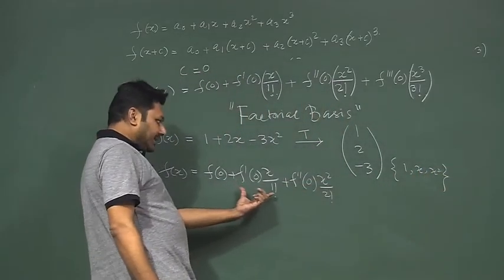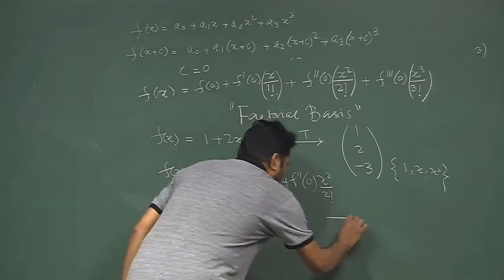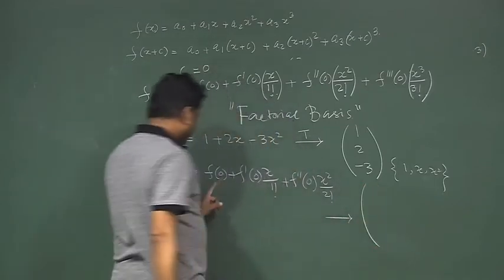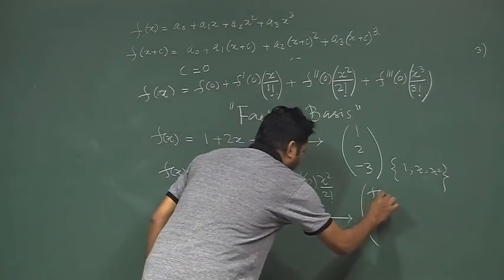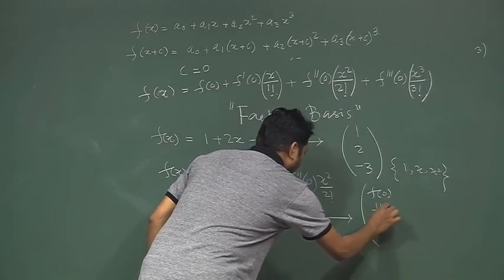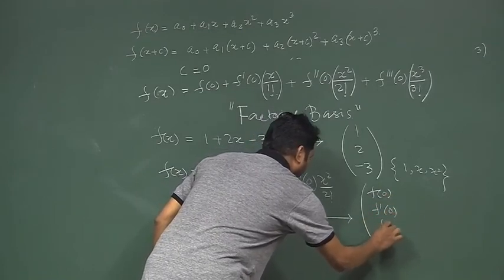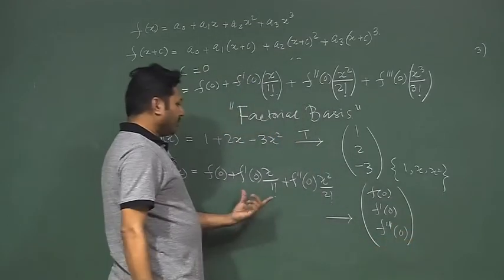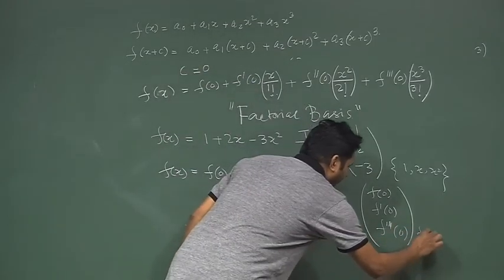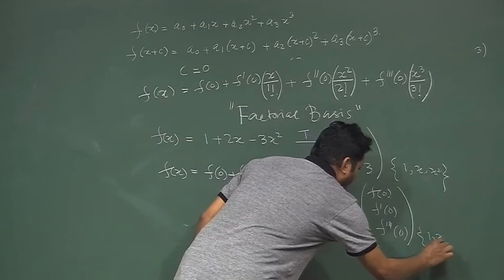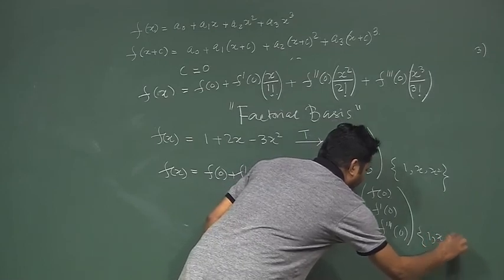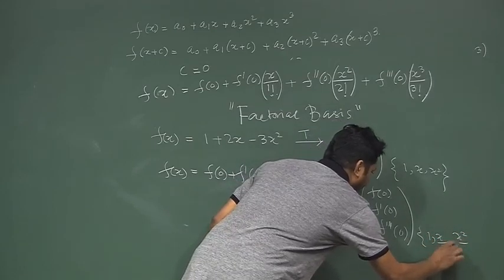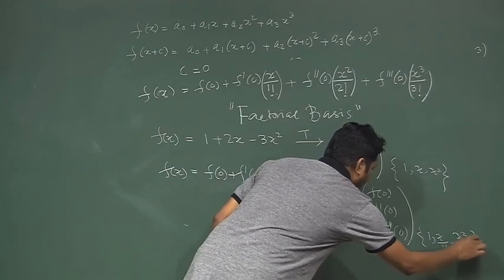So, this is the basis here, 1, x, x square, this is the monomial basis. Now, you can write this function in this way, make a transformation, just put the values f(0), f prime 0 and f double prime 0, and you will have different values for the basis 1, x, x square.